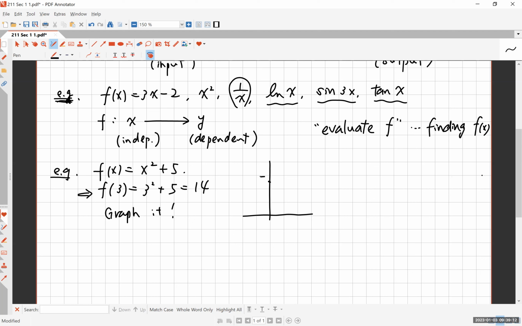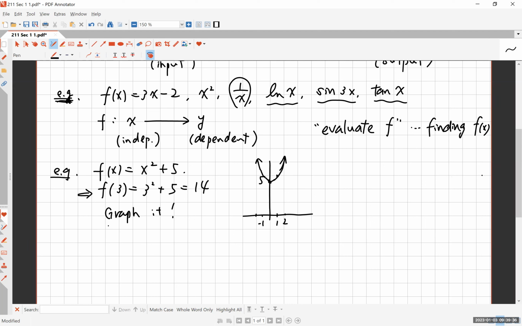Let's say this is (0, 5). And then when x is equal to 1, this will be 6. And when x is equal to 2, that's going to be 2 squared plus 5, that's 9, and so on. And then you can do the same thing with the negative values. And you can see that this is going to be a parabola, which you should be quite familiar with, right?